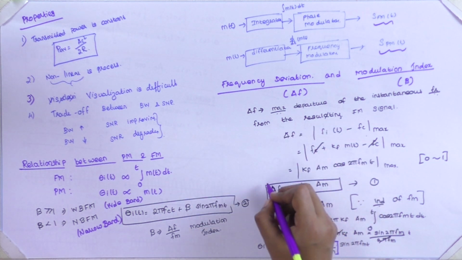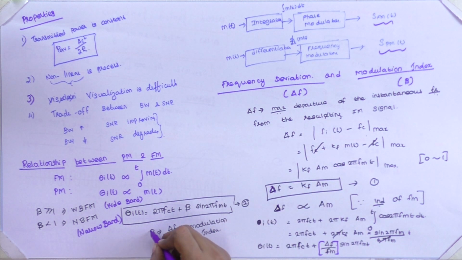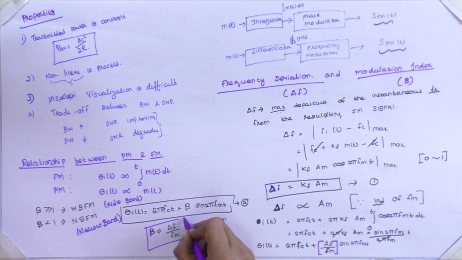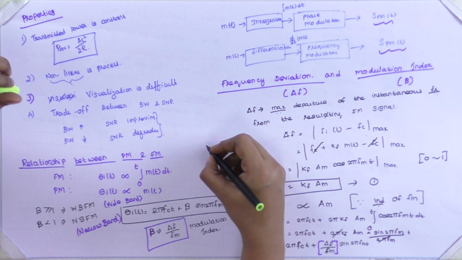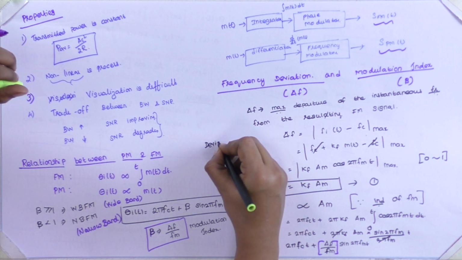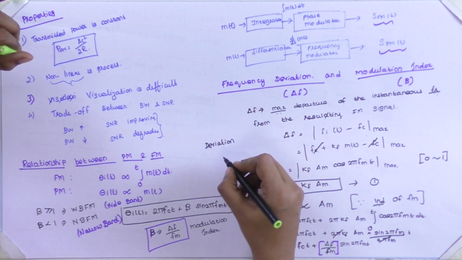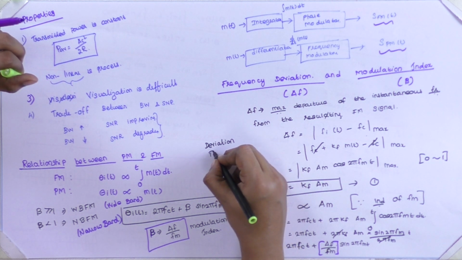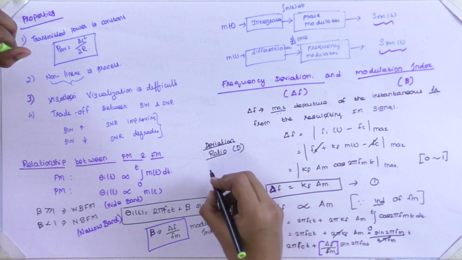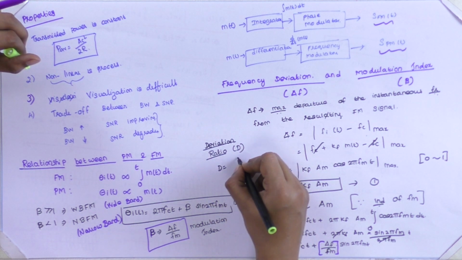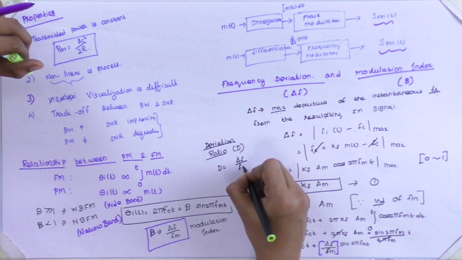Del f is the frequency deviation. This beta is the modulation index. The deviation ratio is given by yet another term. For non-sinusoidal signals or non-sinusoidal modulations, we usually refer to a value called the deviation ratio, capital D, which is represented as del f by fm max.